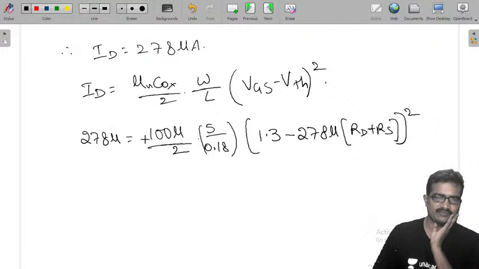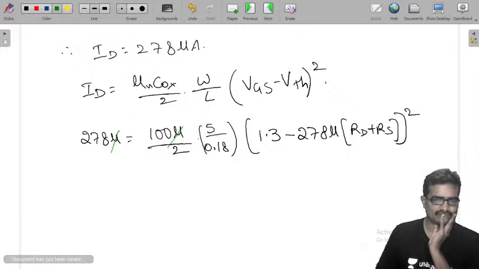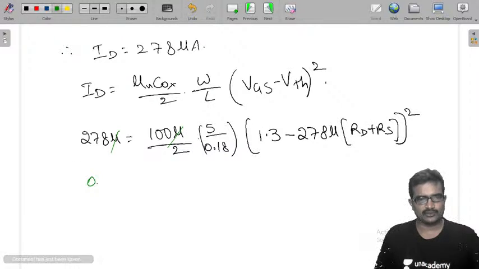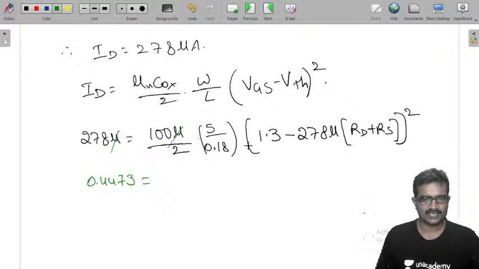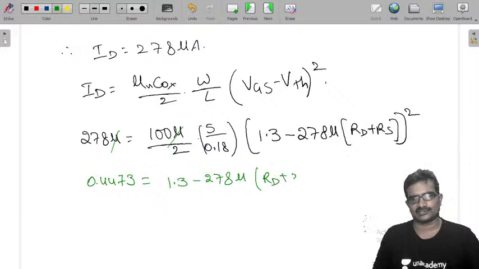Now to simplify this, you can cancel this micro. So from this I'm writing directly: 0.4473 is equal to 1.3 minus 278 micro into RD plus, they gave RS 200 ohms.